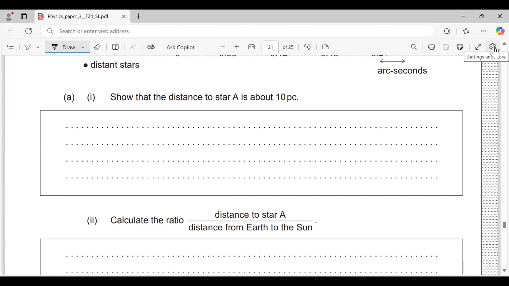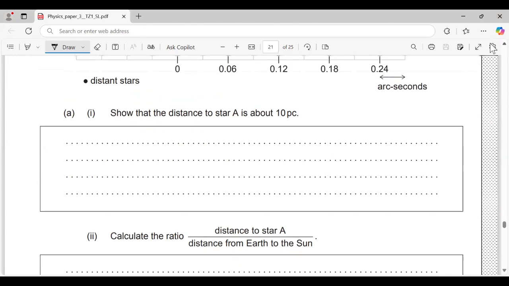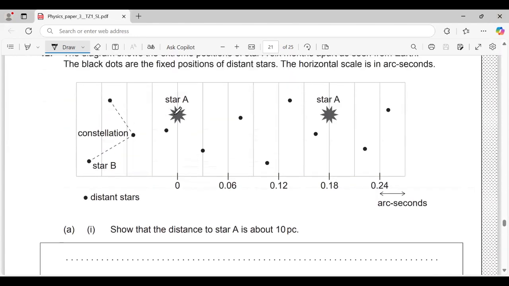To solve distance by parallax formula, I will start with the distance between stars. This star and this star, look, the distance is 0.18, right? So the parallax angle is half of this angular shift.